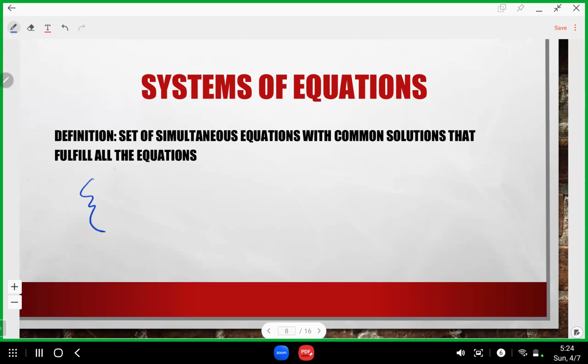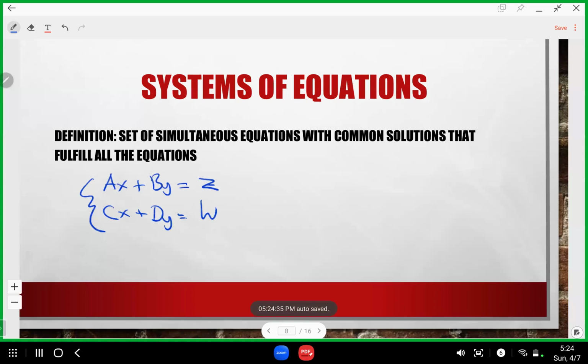We might have a system where x and y are variables, and a, b, c, d are constants, numbers.